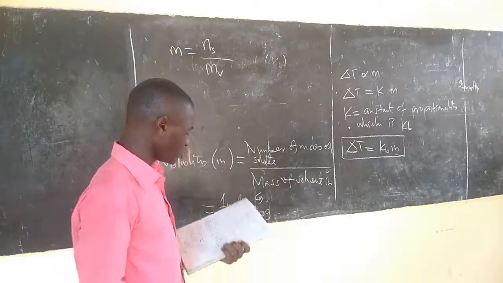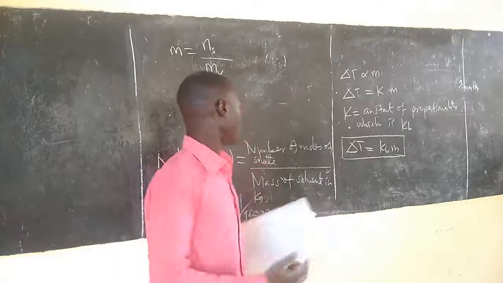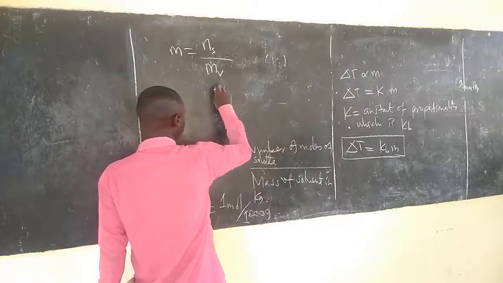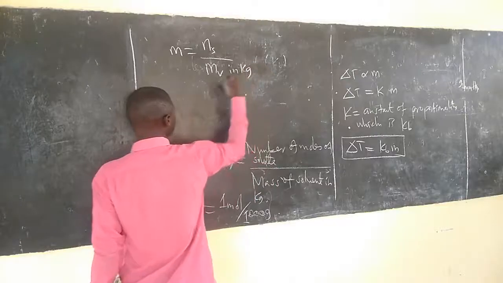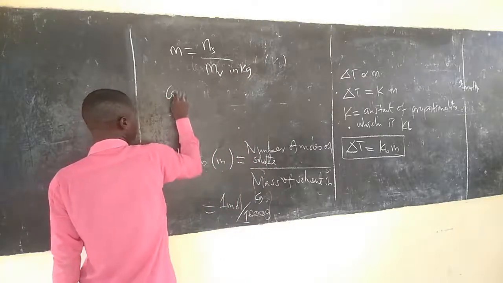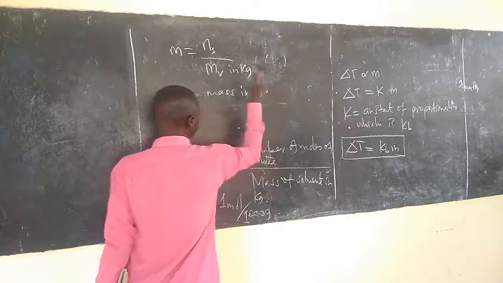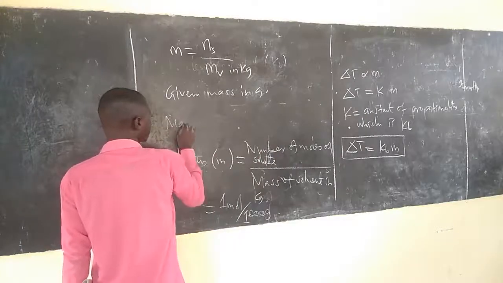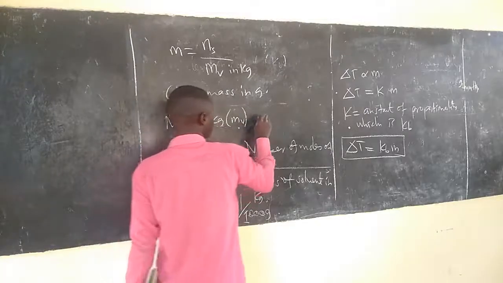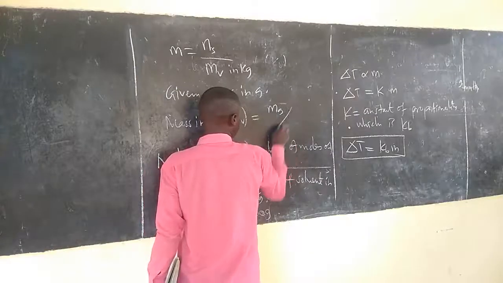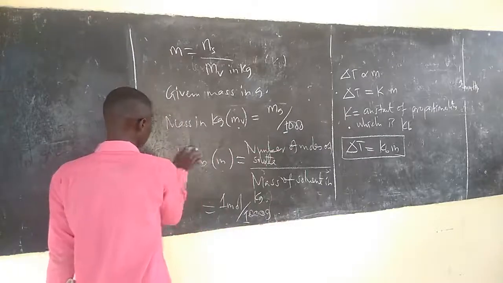The mass of solvent needs to be in kilograms. If the mass is given in grams, we must convert it to kilograms. So the mass in kilograms, which is mv, is equal to the mass in grams divided by 1000. That is how we go from grams to kilograms.